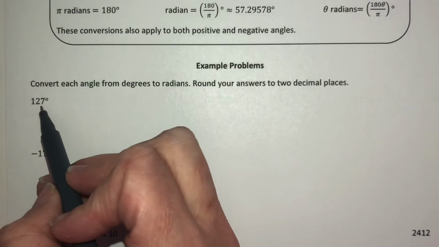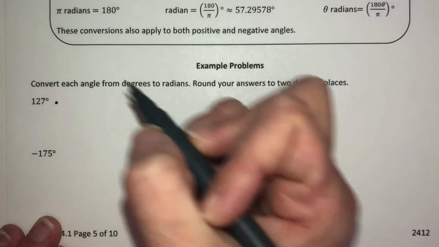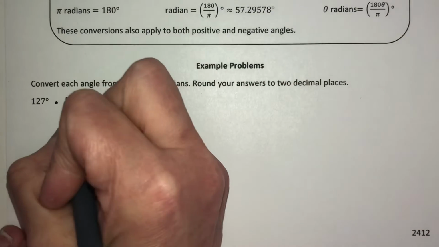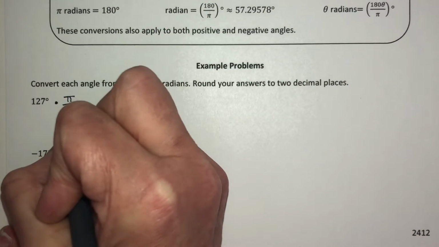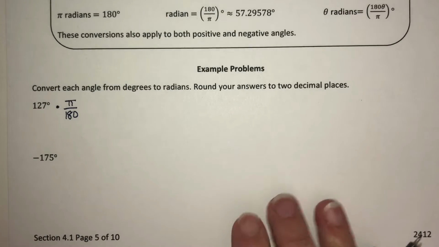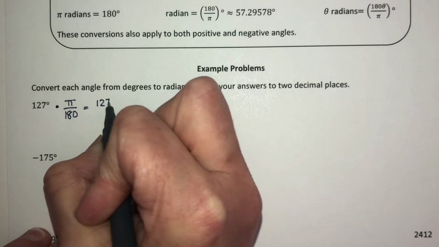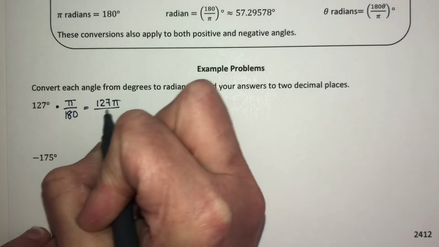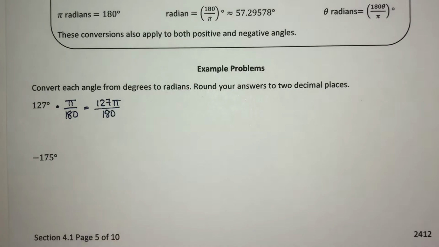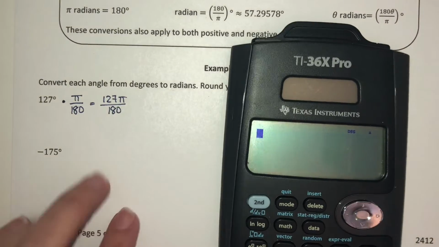If we have degrees and we want to go to radians, we're going to multiply this value by pi over 180. Okay, so this gives me 127 pi over 180, and that is the exact answer. But we're asked for an approximation to 2 decimal places.